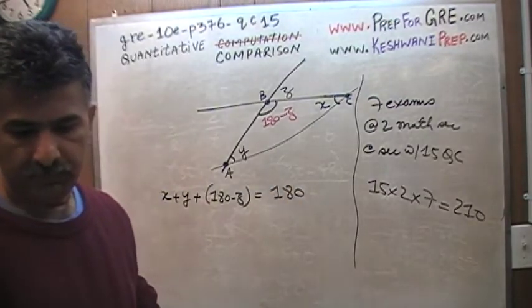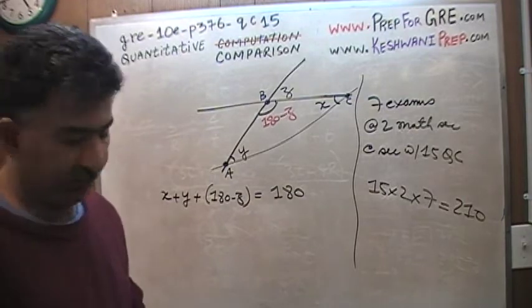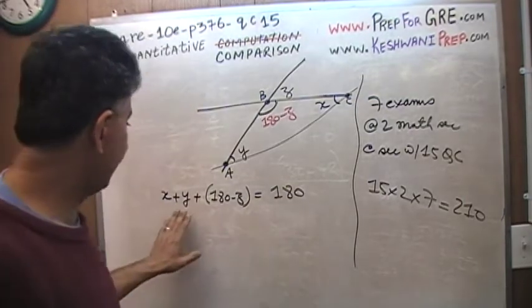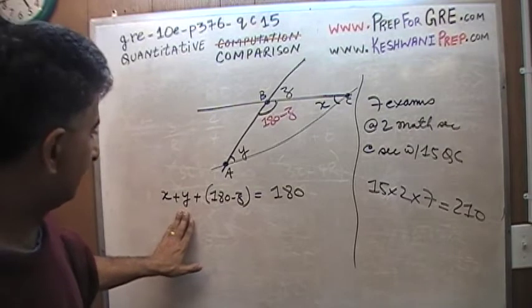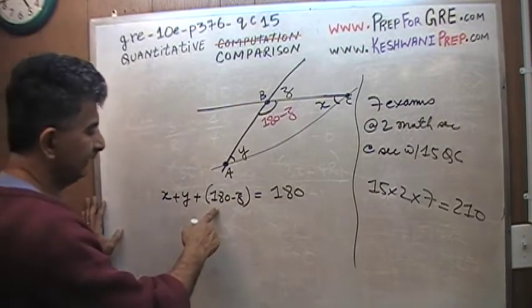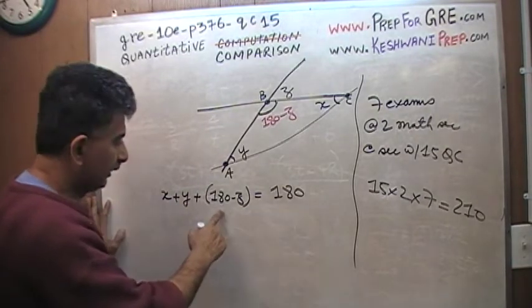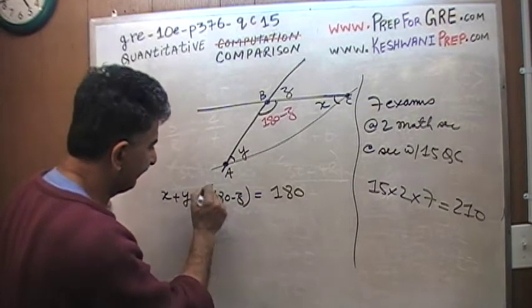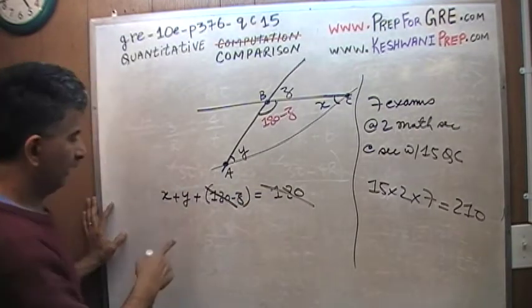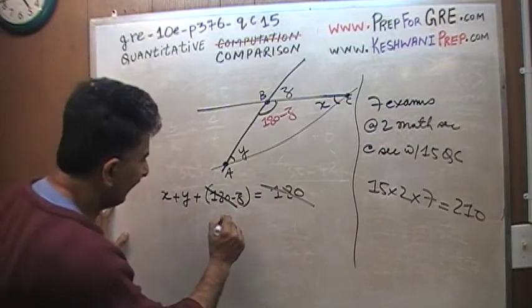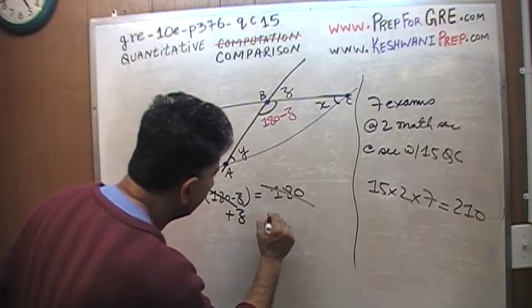What they give you in the second column is Y by itself. So let's bring the Y by itself. The very first thing we notice is that I see 180 here and 180 here. If you subtract 180 from both sides, this 180 drops out. I want to bring the Y by itself, so let's add Z to both sides.